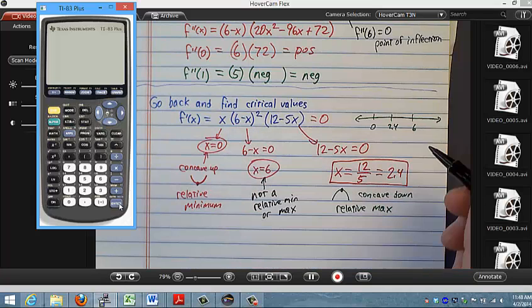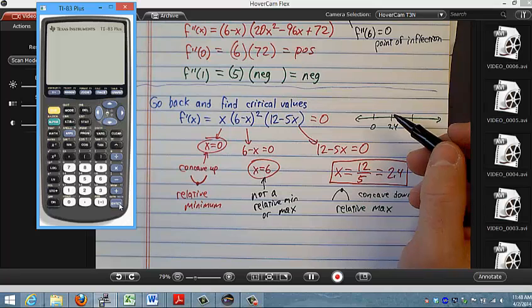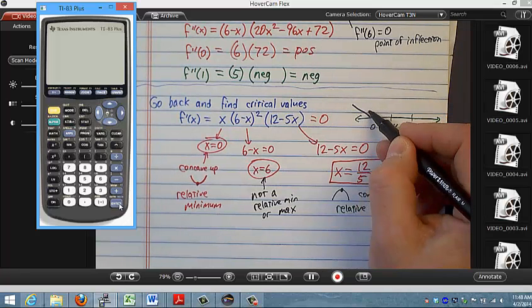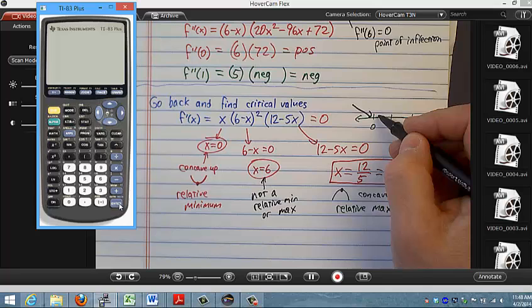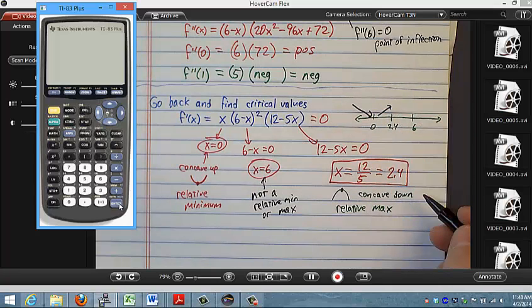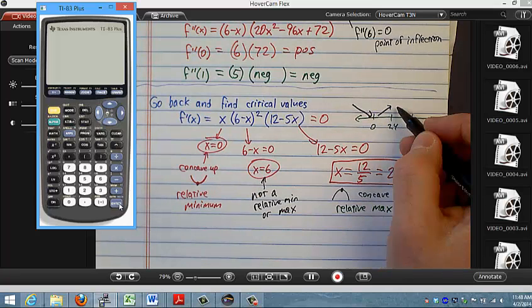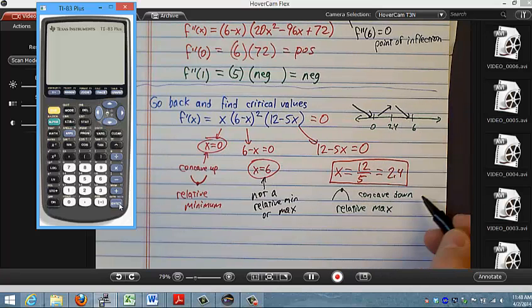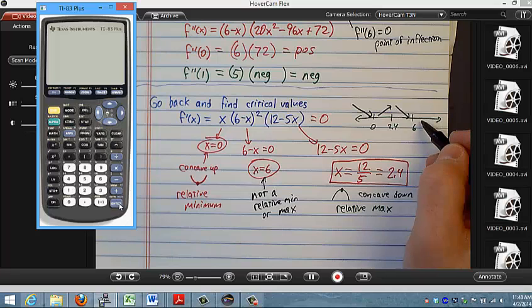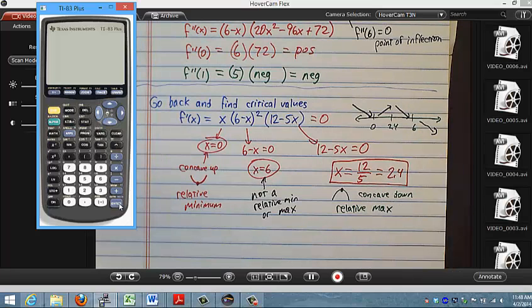I'm going to get something negative, right? So I could tell you that it's going to be decreasing until I get to 0. Then it's going to start increasing until I get to 2.4. Then it's going to start decreasing until I get to 6. But what happens is it continues to decrease after 6. And that's why 6 is not a relative min or a relative max.